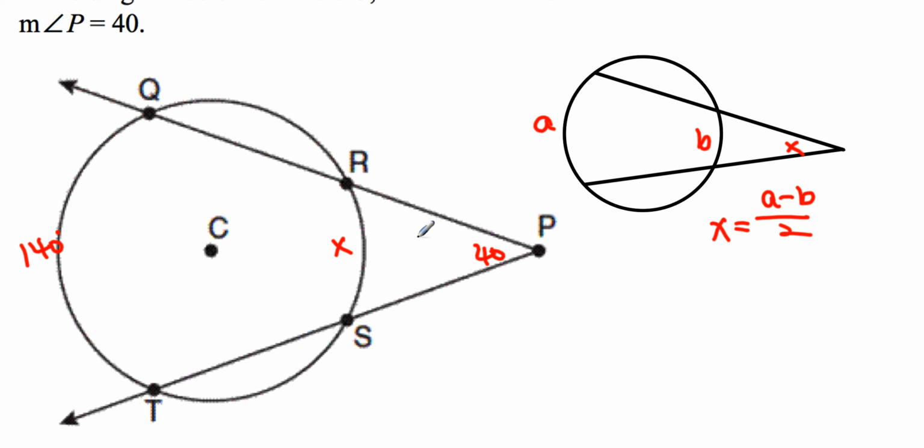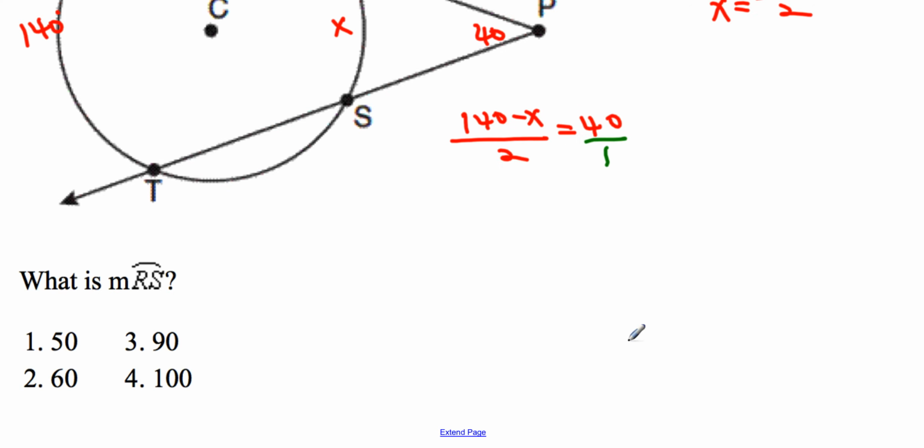So applying that idea here, we get (140 - X) divided by 2 must be equal to 40. Then we can put it over 1 and cross multiply. Then we end up getting 140 - X must be equal to 80. Then subtracting 140, negative X must be equal to -60.